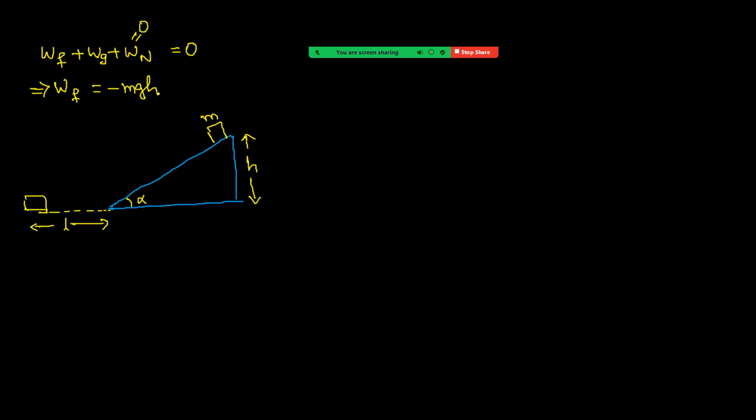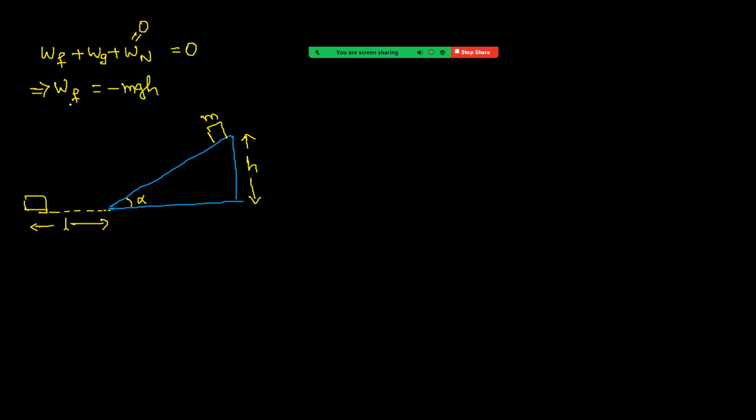Or the same thing we can say in terms of energy. Initially the block was having gravitational potential energy mgh. Finally, no gravitational potential energy and no kinetic energy. So this loss in potential energy is because of the work done by frictional force.